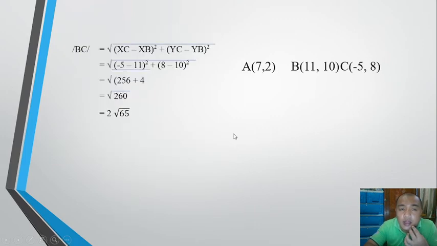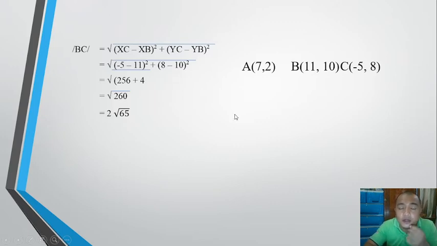How about line BC? We have negative 5 minus 11 quantity squared plus 8 minus 10 quantity squared. Negative 5 minus 11 is negative 16, squared, so we have 256. 8 minus 10 is negative 2, squared is 4. 256 plus 4 is 260, so we have 2 square root of 65. 65 times 4 is 260, so it becomes 2 square root of 65.